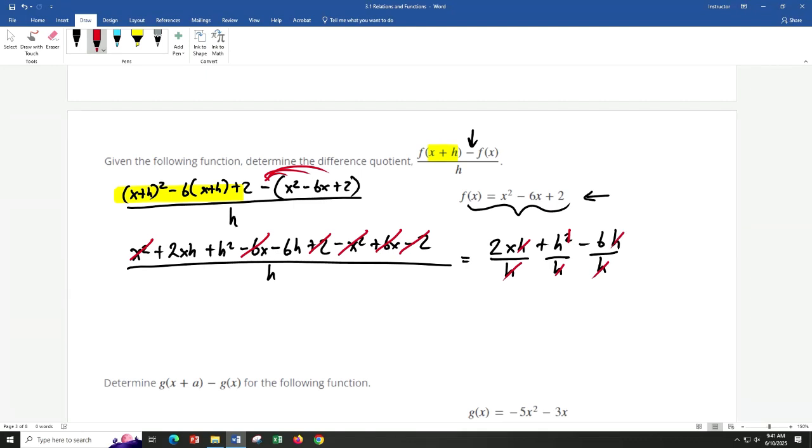And then notice you're just going to be left with 2x plus h minus 6. Another way to see this one is if you have that 2xh plus h squared minus 6h all over h, can you also notice you could have factored out h? How many h's? Just one, right? And that would have done the same thing.